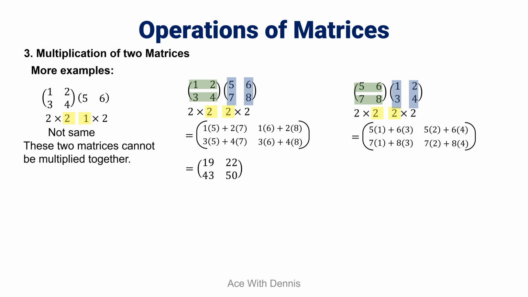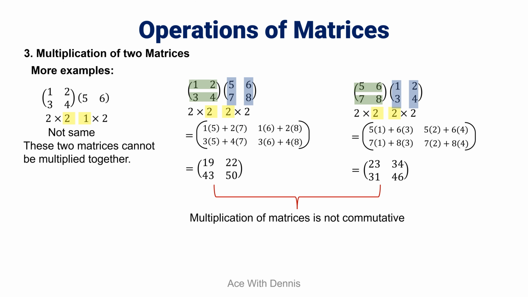And the last element for the product will be 7 times 2 plus 8 times 4. Then we calculate everything together. We'll have the result is 23, 34, 31, and 46. And now let's compare the results for these two examples. We can see that multiplication of matrices is not commutative, which means matrix A times matrix B is not equal to matrix B times matrix A.